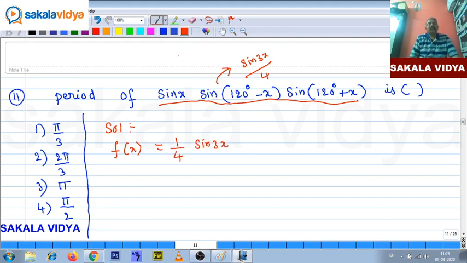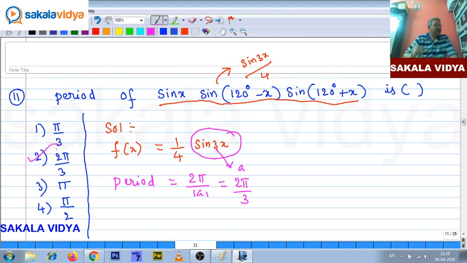Now we need to find the period of sin 3x only. The period of sin ax is 2 pi by mod a. Here a is 3. So the period is 2 pi by 3. So second option is the answer.